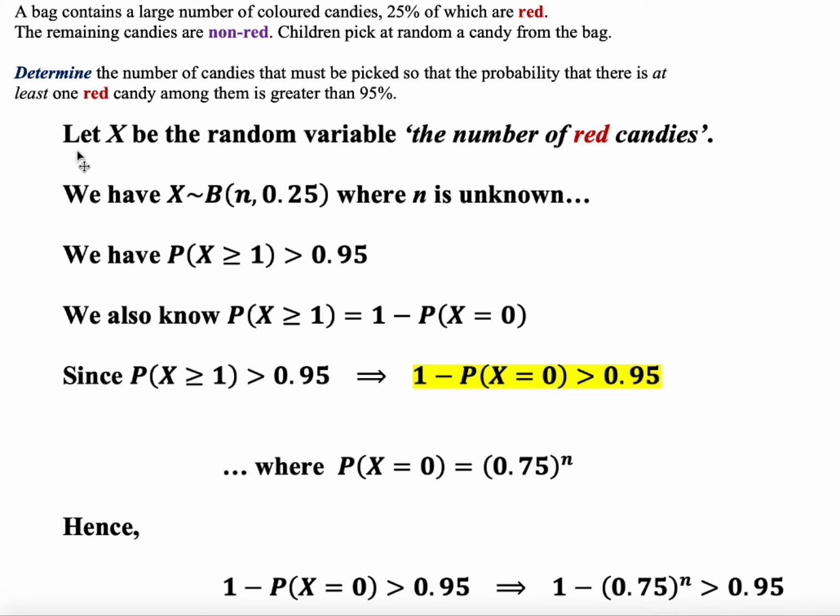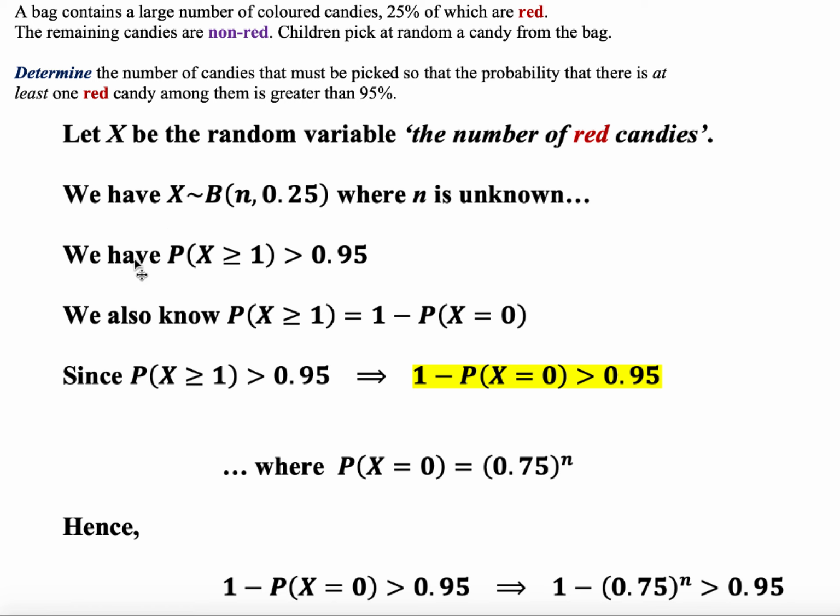So let's actually let x be the random variable, the so-called number of red candies. So either you're red or you're non-red, so you're binomial in terms of that random variable. We're interested in n, and we know that the likelihood of success of a red candy is 0.25 as stated. So n is the unknown.